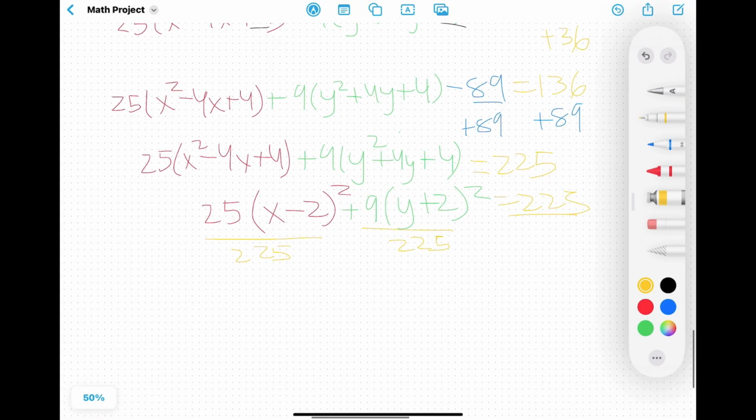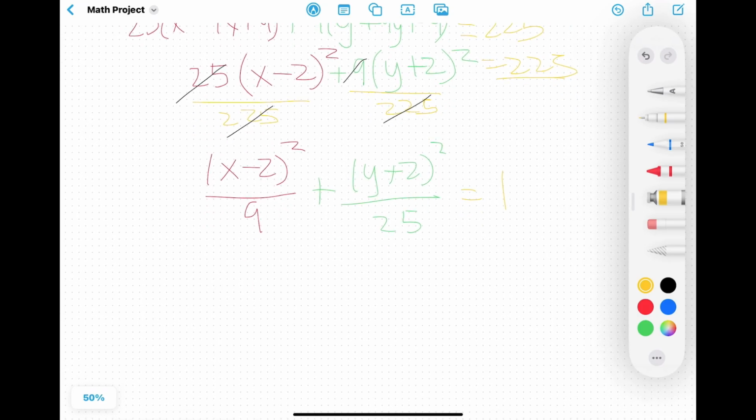Now that we wrote it out, we can see that it can be cancelled out or simplified. Once simplified, it'll be x minus 2 squared divided by 9 plus y plus 2 squared divided by 25. And that all equals 1.